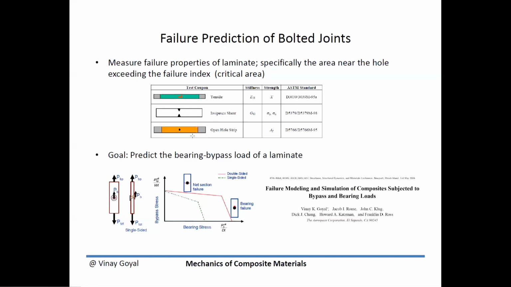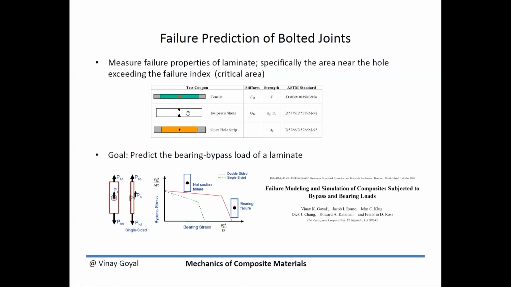If you were to apply bearing load alone, you're likely going to cause local damage near the hole, but no catastrophic failure. So in this paper, we examine the bearing and bypass load capability of single-loaded and double-loaded lap joint bolted designs.